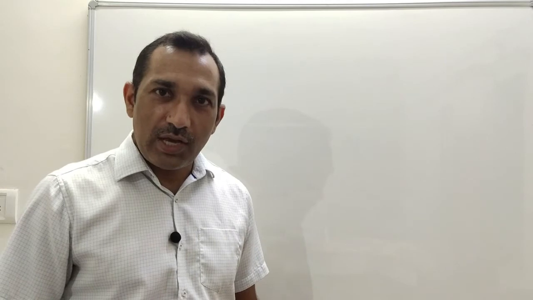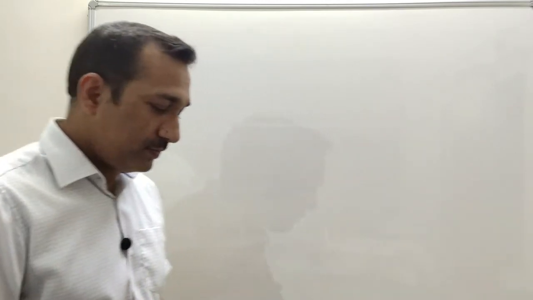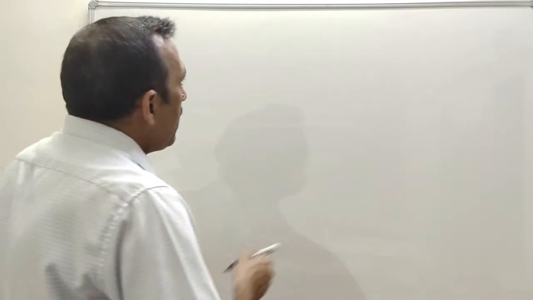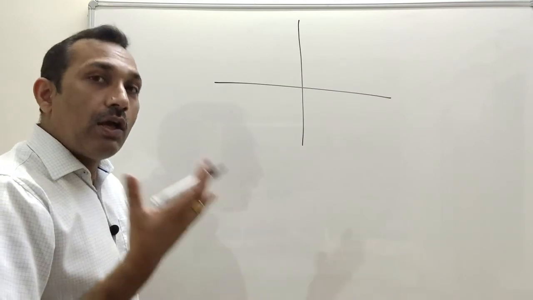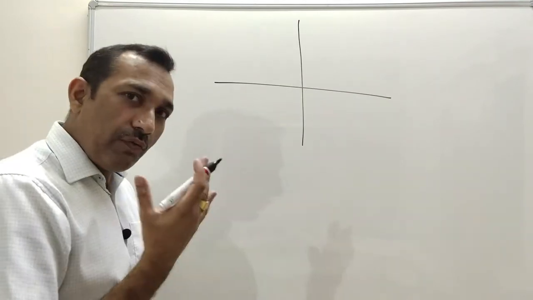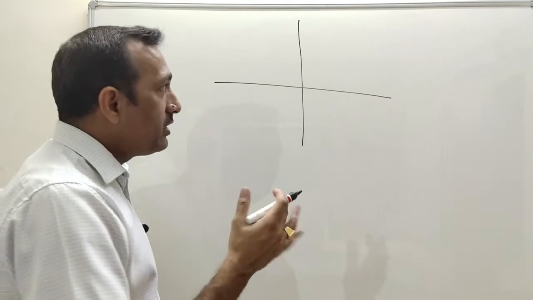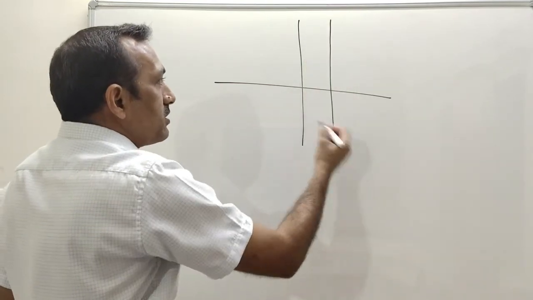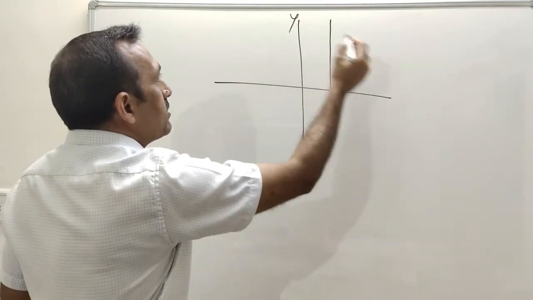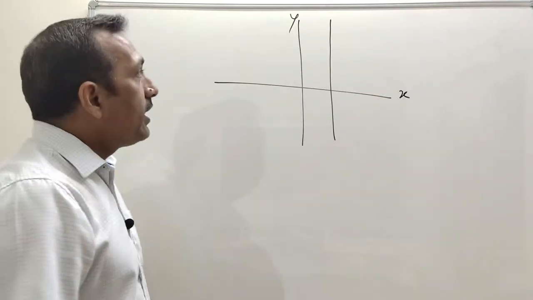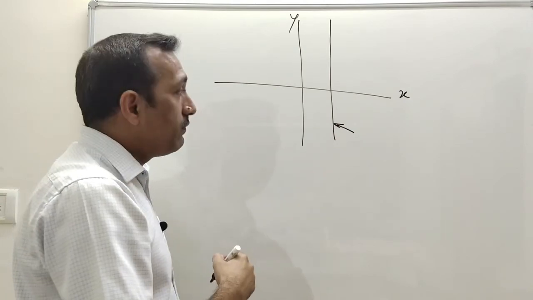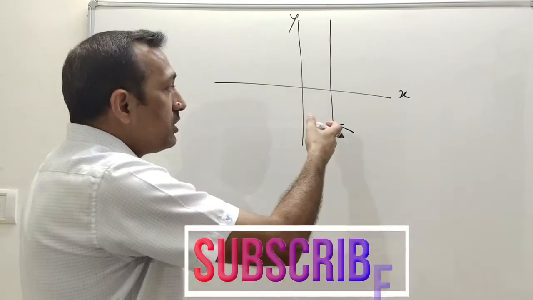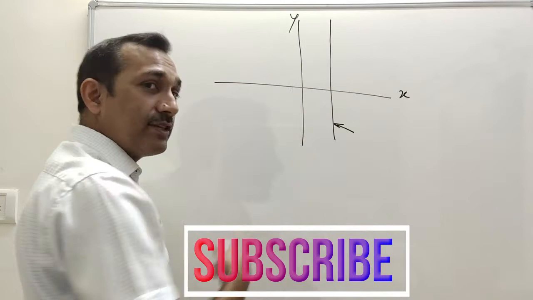Now let's look into the equation of a line parallel to x-axis or y-axis. So if the graph is like this, and if I am taking value of x or y, something like this, where the line can come like this. So this is y-axis, this is x-axis. In that case, if I need to find the equation of this line, this is parallel to y-axis.